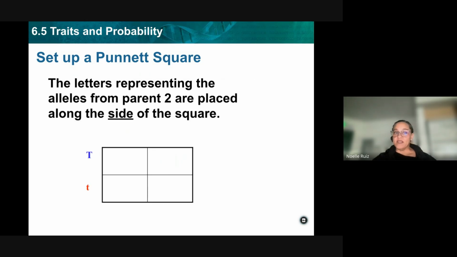The letters representing the alleles from parent two are placed along the side. Again, outside of the boxes. So we split it: his big T or her big T goes in front of the top two boxes, and their little t goes in front of the bottom two boxes. So parents always go on the outside.